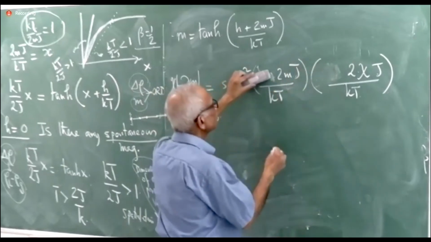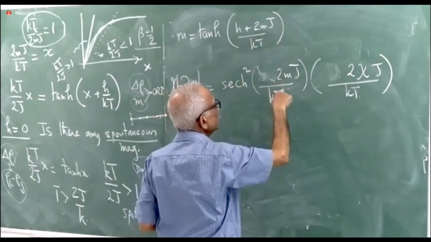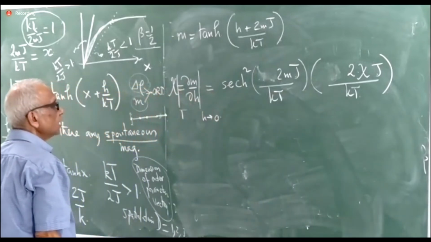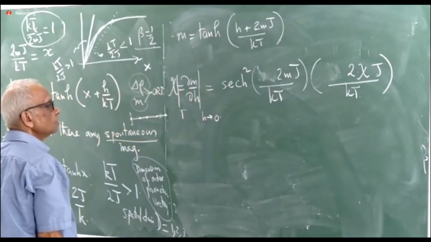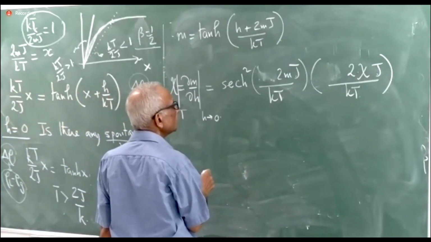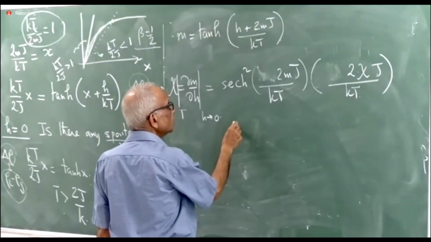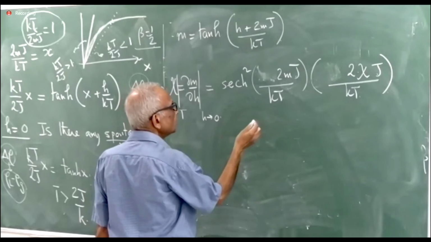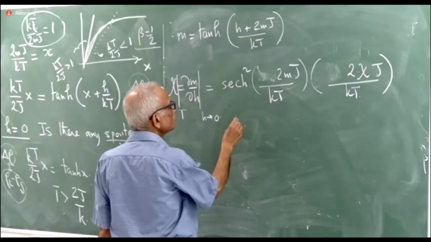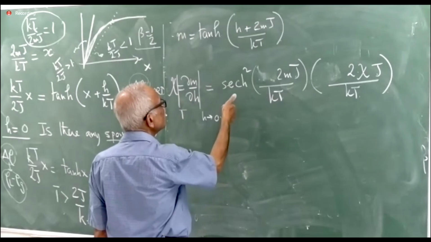So zero field susceptibility, so it is 2mJ and 2 pi J over kT over here. So the sech hyperbolic squared is the inverse of cosh hyperbolic squared.